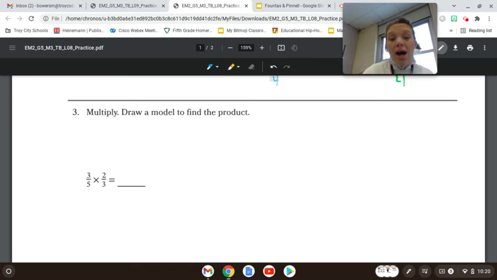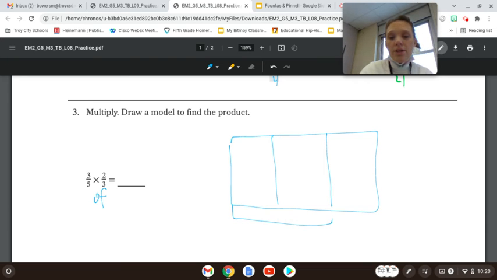Number 3, we're going to draw a model and then find the product. So again, we can draw our own area model here. We're looking to find what is 3/5 of 2/3. So first I want to draw 2/3. This here is 2/3. And I want to partition my thirds into fifths.